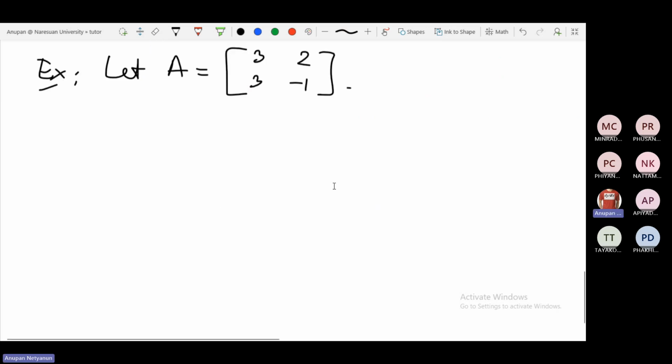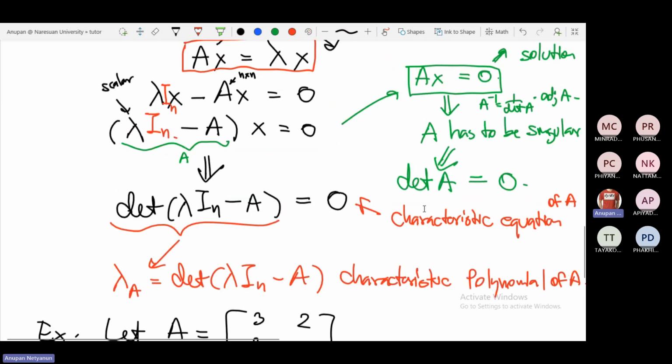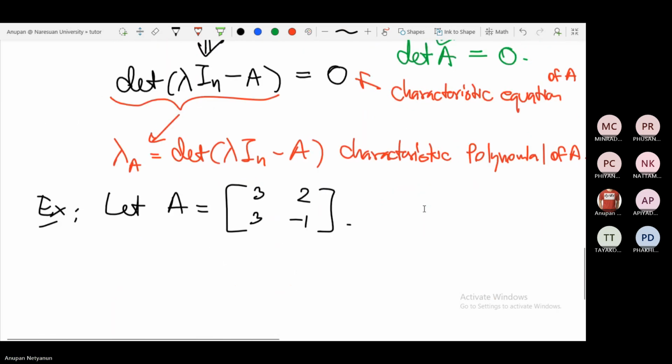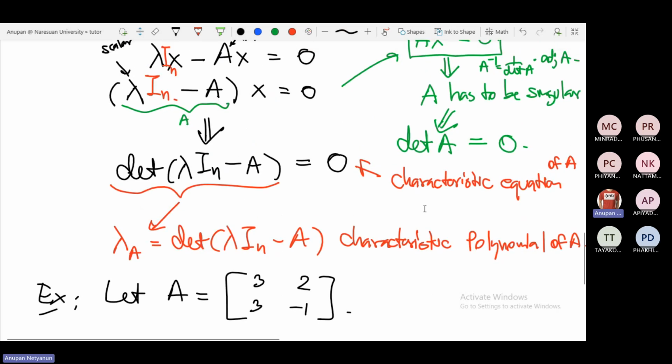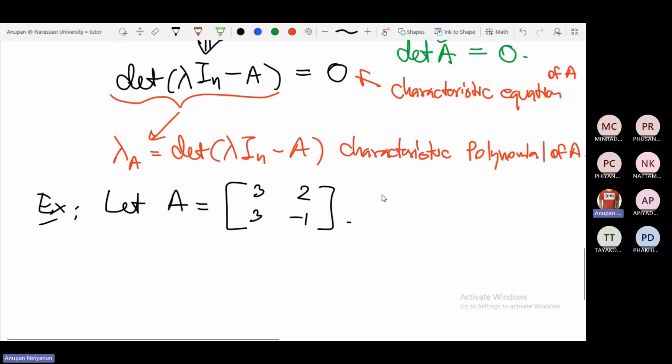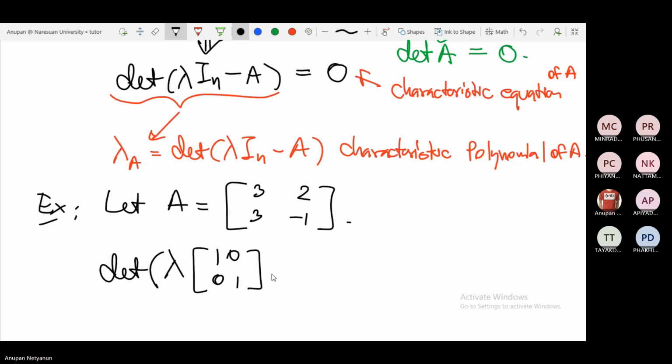From this, let me start by looking at the characteristic equation, which is the determinant of lambda, which we don't know yet, times I_2, which is 1, 0, 0, 1, minus your A, which is 3, 2, 3, negative 1, equal to 0, right?